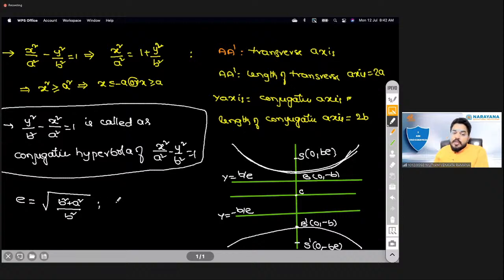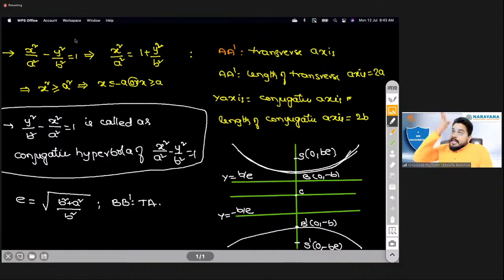Okay, so here BB dash is the transverse axis. Please take it down. Where you didn't understand this concept, it is simple. Earlier, x square by a square plus y square by b square is equal to 1, with a greater than b or b greater than a, the ellipse comes this way.